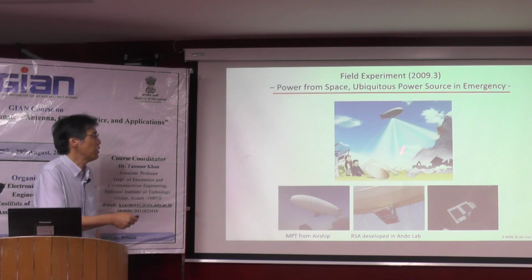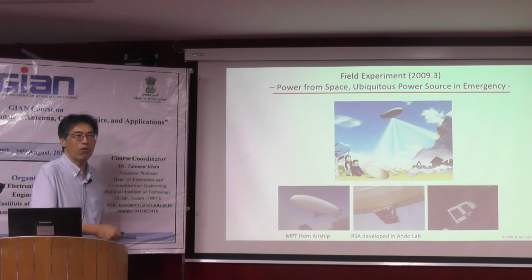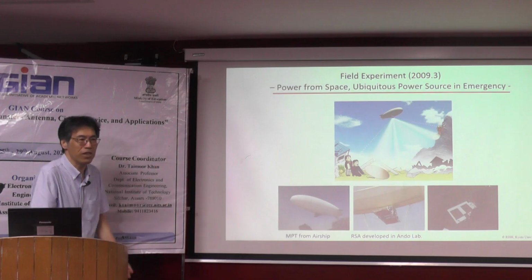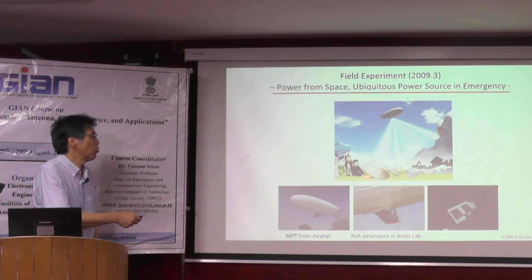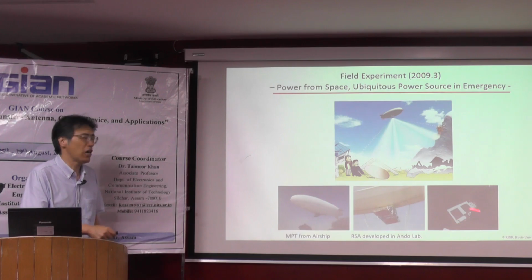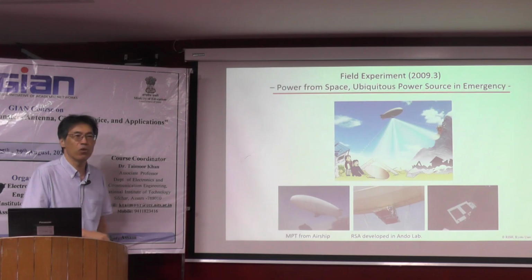So in this case, we bring a power source from the sky. From the airship, we transmit wireless power to charge mobile devices so people can communicate with each other. And we succeeded in wireless charging of the smartphone on the ground here.